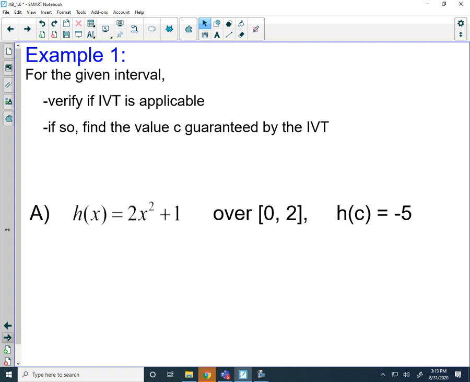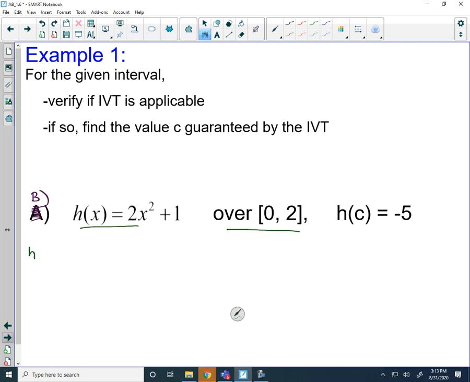I'm still calling this example 1. This should really be a 1b. The function's the same, the interval's the same, but now it says h of C equals -5. Well, if we're verifying if IVT applies, we need a continuous function on a closed interval. This and this have not changed from the last problem.